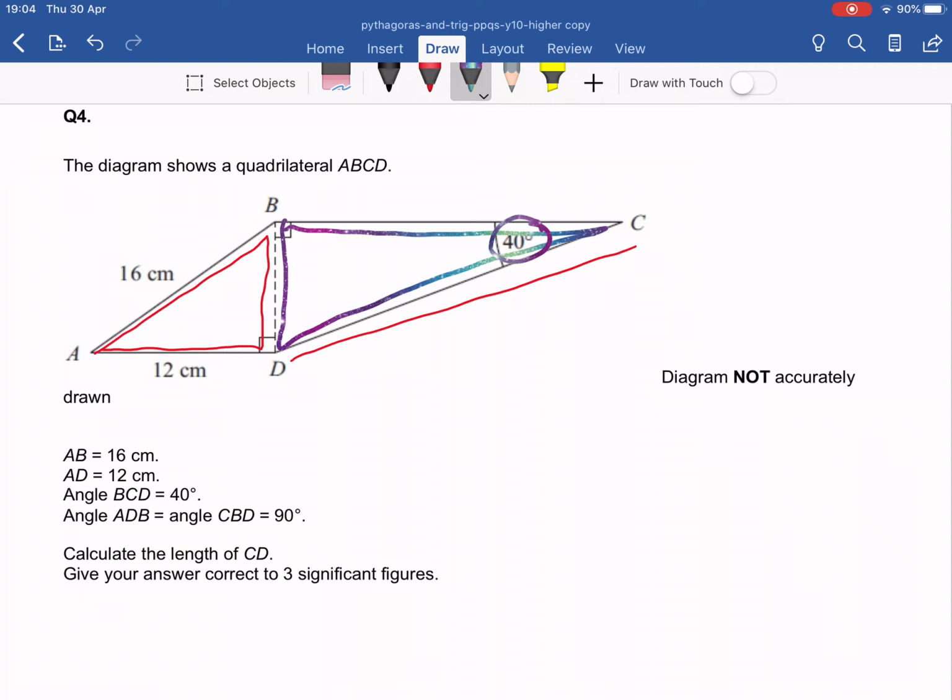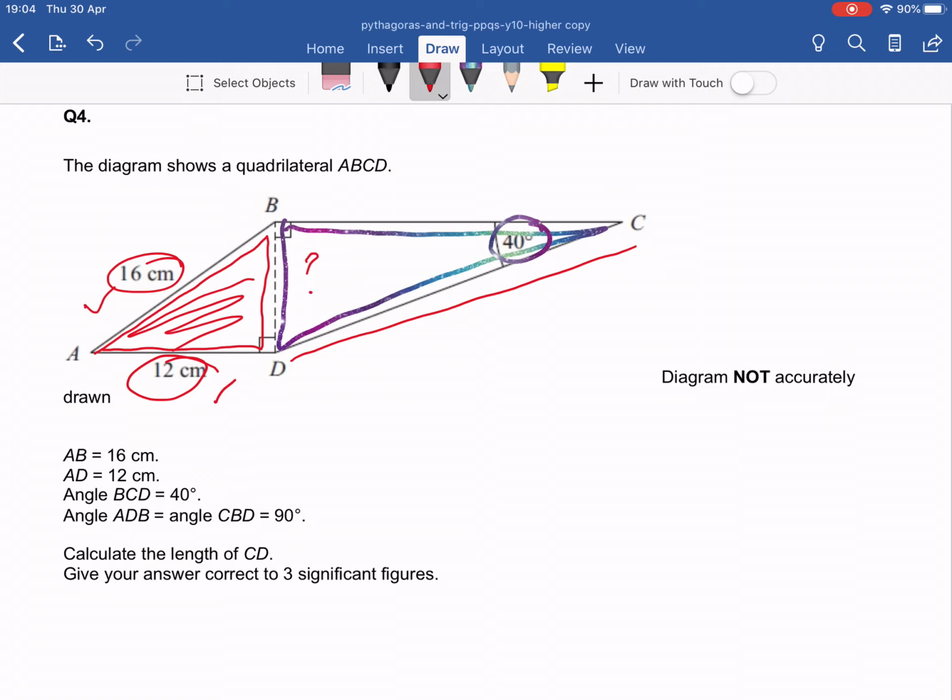So I know I won't be able to do anything in there yet. So I'm going to start my working out in ABD. In this red triangle, I've got the hypotenuse and one of the shorter sides.